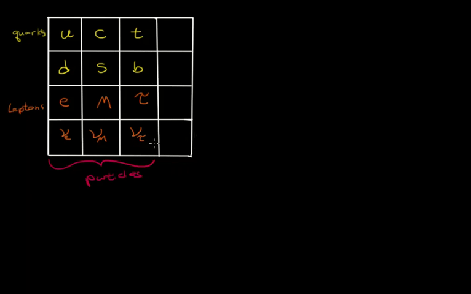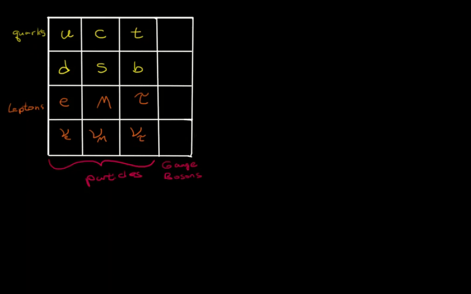Okay, and we also have something called gauge bosons. And these aren't technically particles, they're exchange particles. They are things that are thrown back and forth between the other particles to represent things like forces. And we have different ones.